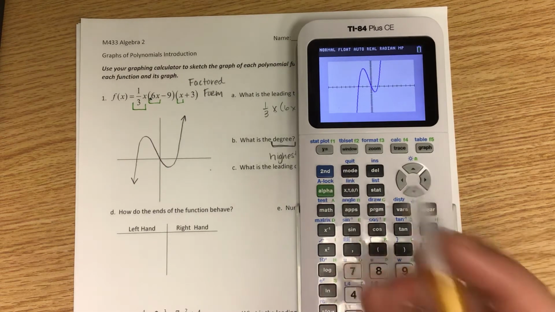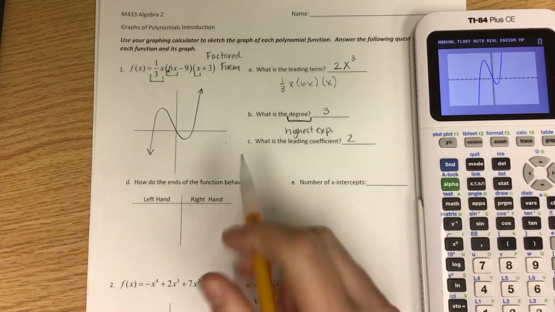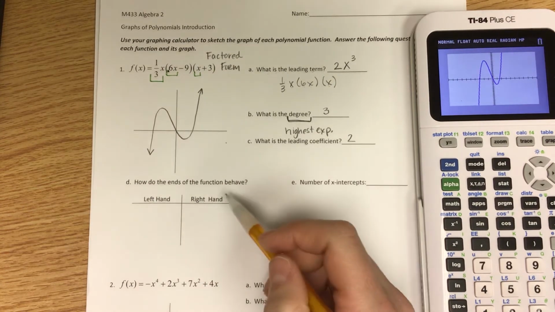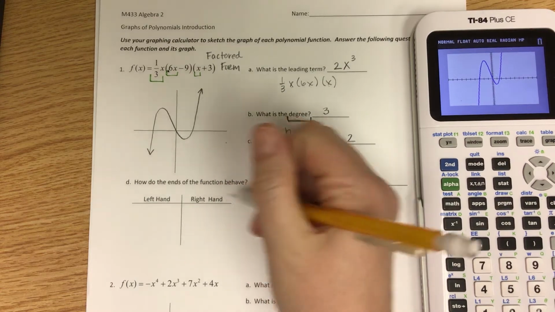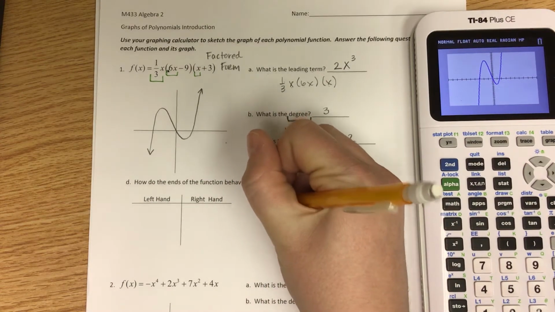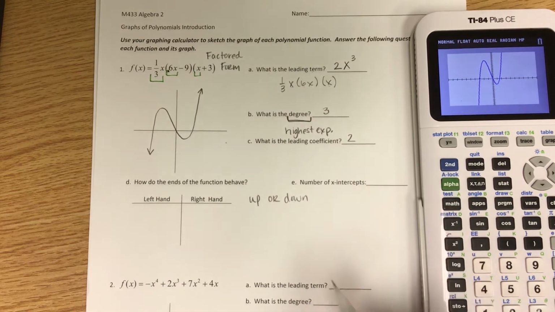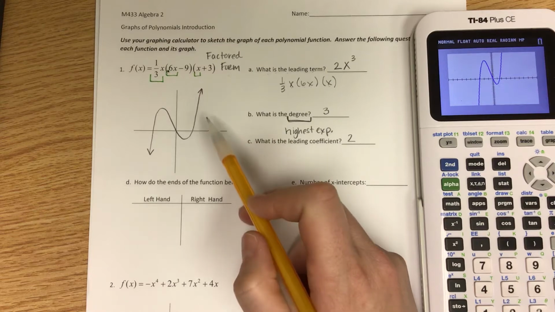Now, the next part of this is asking, what are the ends doing? What are the behaviors of the ends of the function? When you answer this, it's always going to be up or down. On my right hand here, the right hand is going up.